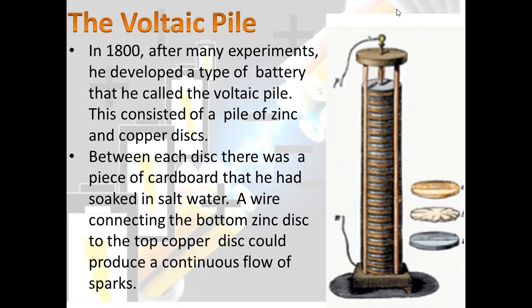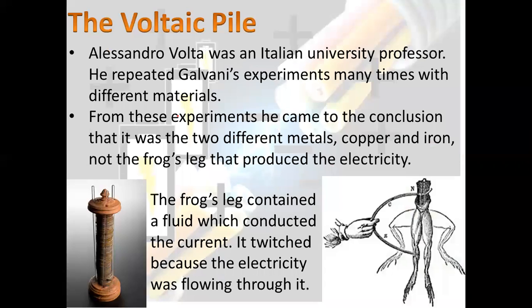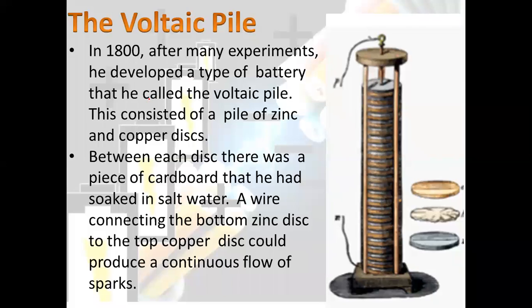Who is this he guy? What were we discussing in the previous slide? Alessandro Volta, the Italian university professor. This is the guy who kept on doing many experiments, and then he was able to find a way to create a battery which is called the Voltaic pile. It consists of zinc and copper metal discs.